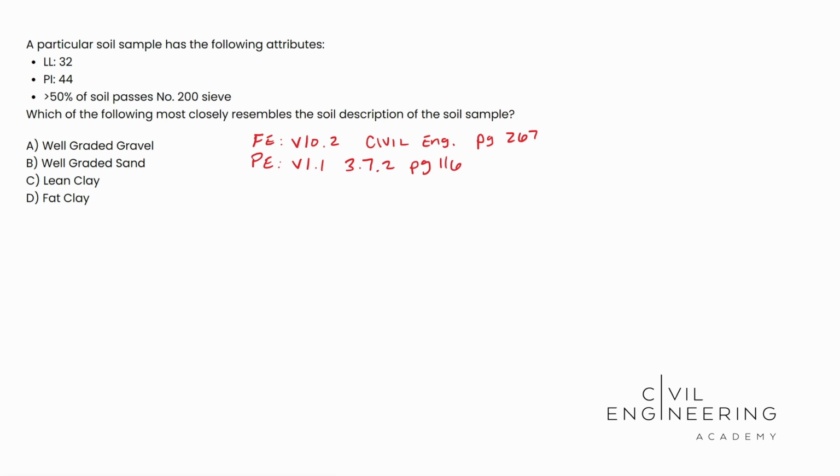But I'm going to walk you through how to solve that on the chart. Then the next qualification is if it's an organic, low plasticity clay or silt. Well, that's also not an option, so you can already get your answer right here. But we're going to go ahead and practice on the chart anyways, just to understand how it works, just in case.